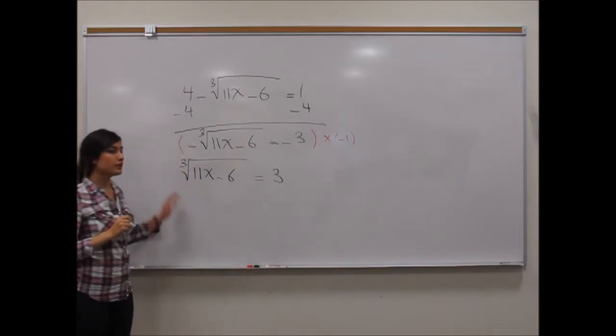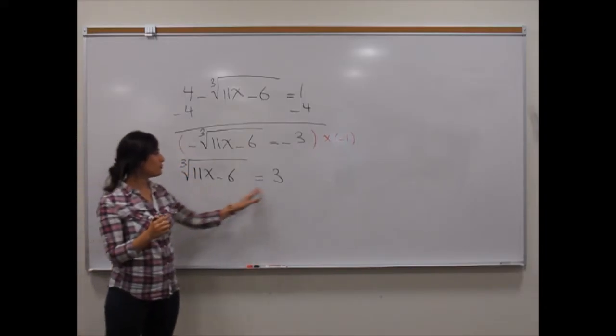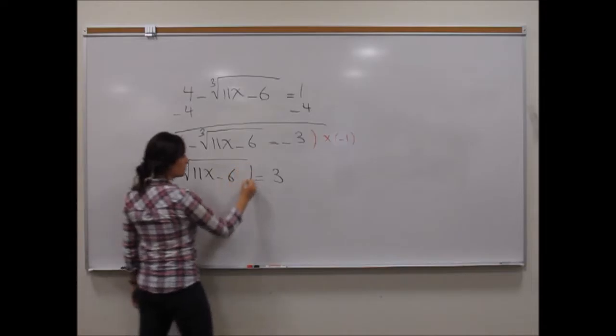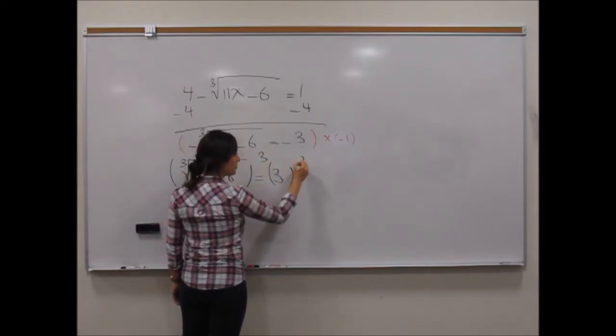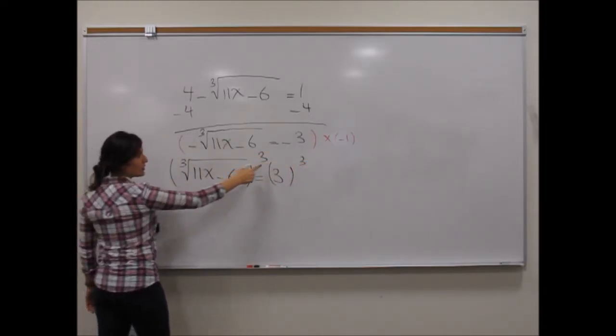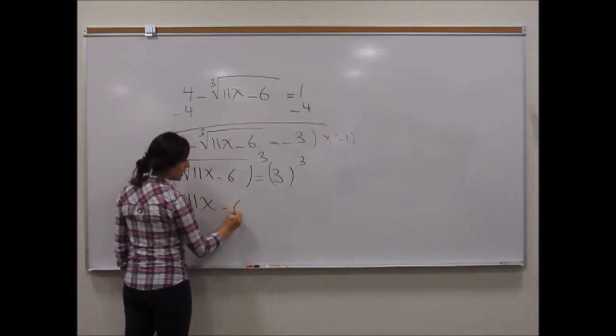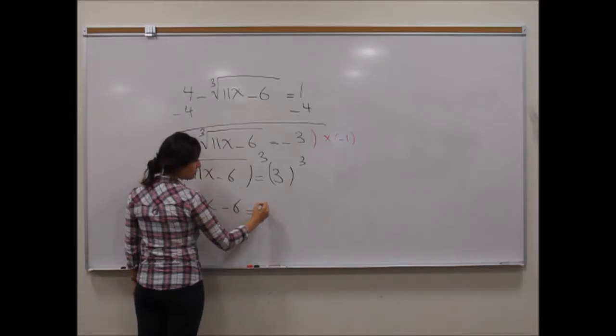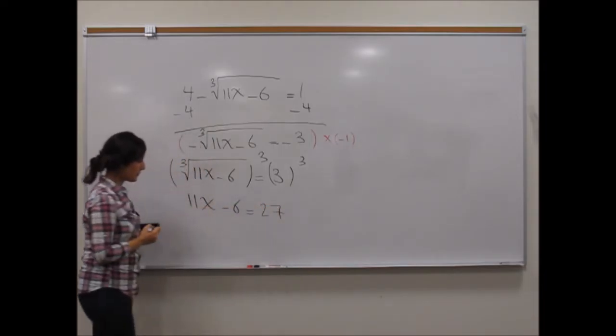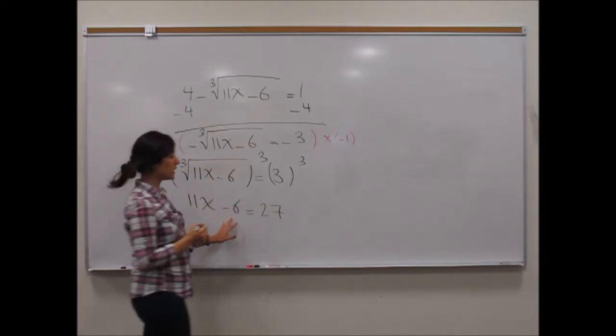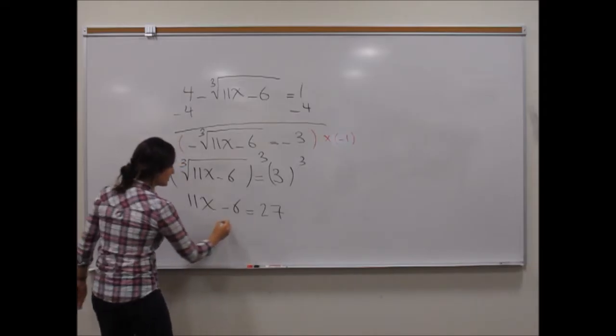And then to get rid of this radical sign, I would cube both sides, to the third power, to the third power. So these two would cancel each other, and I would have 11x − 6 = 27. And then I'm going to add 6 to both sides.